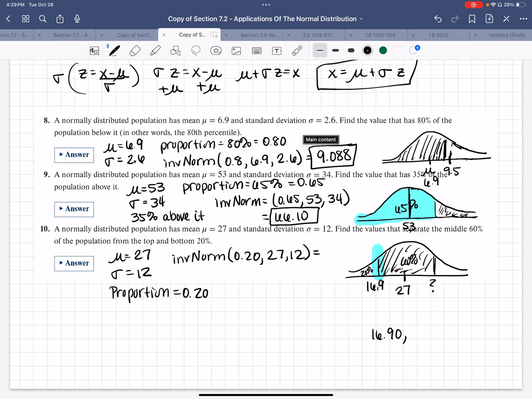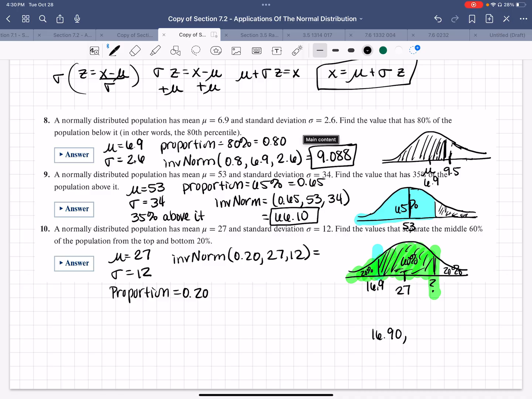Now I've got to find this value. We're going to color him green. Well, I need to know how much is really to the left of that value so that I can find him. Well, we got the middle chunk at 60, and we got the baby chunk down here at 20. Of course, you also know this is 20% to his right. So that means this total piece down here is 80%.